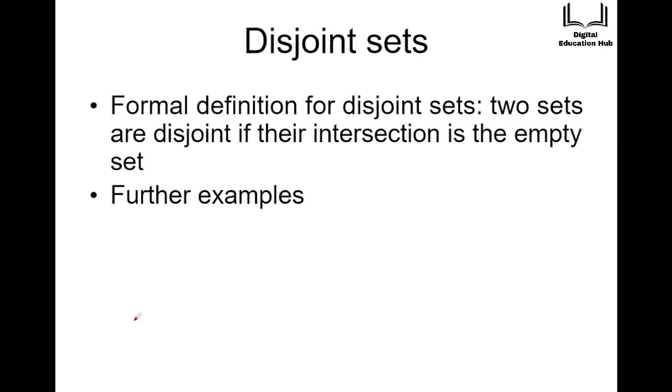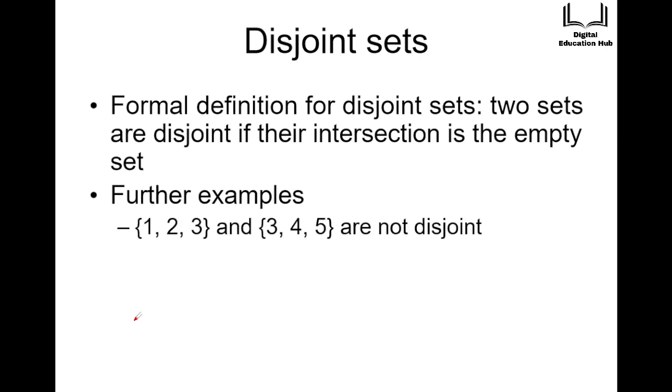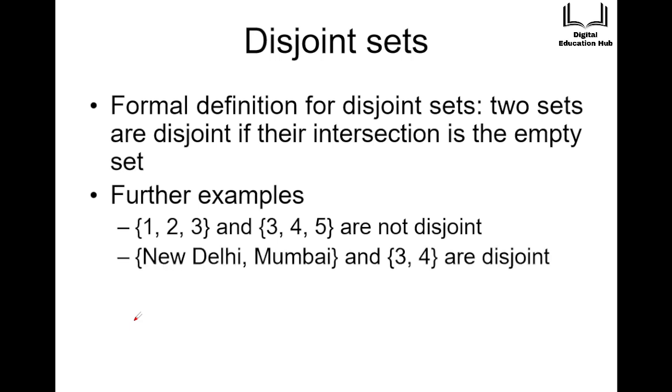For example, the first set is 1 2 3 and the second set is 3 4 5. They are not disjoint because there is a common element, that is 3. The intersection is not null. In the second case it is disjoint because nothing is common between them, the intersection is null.